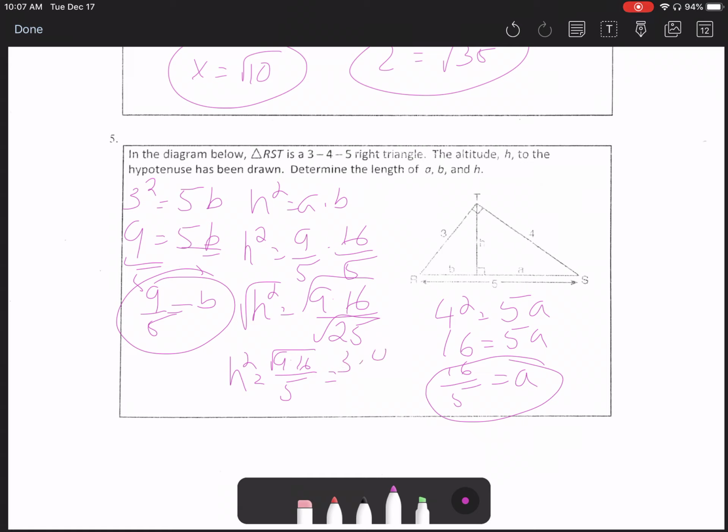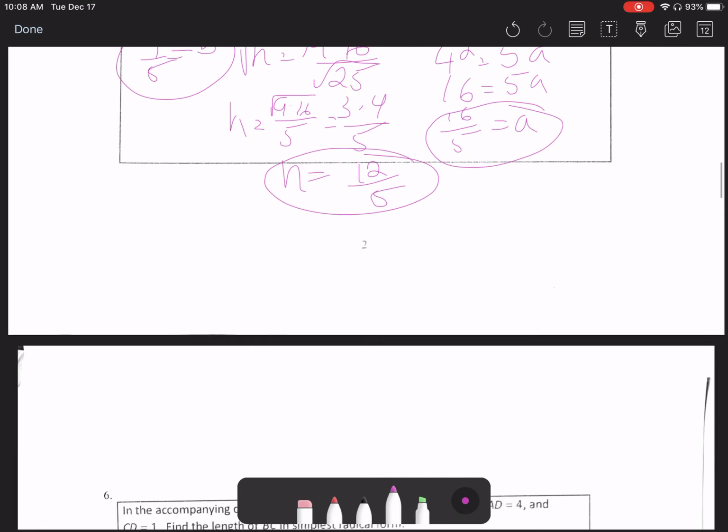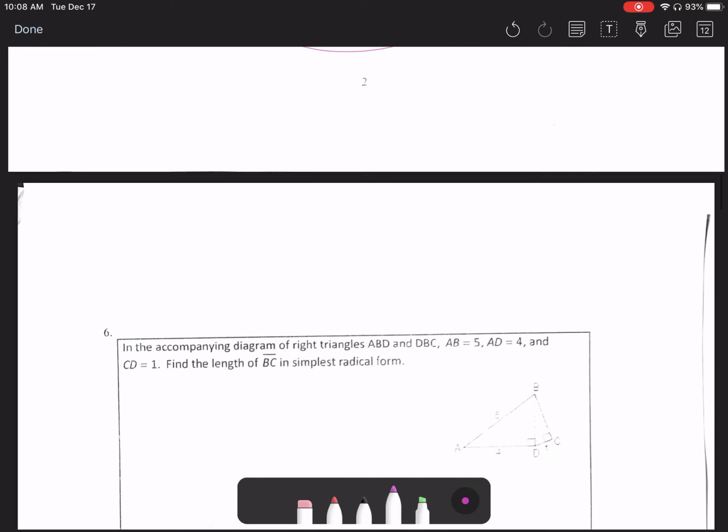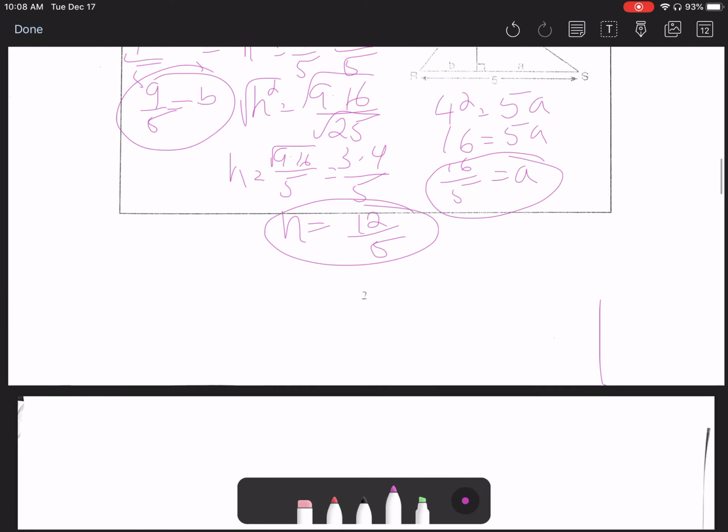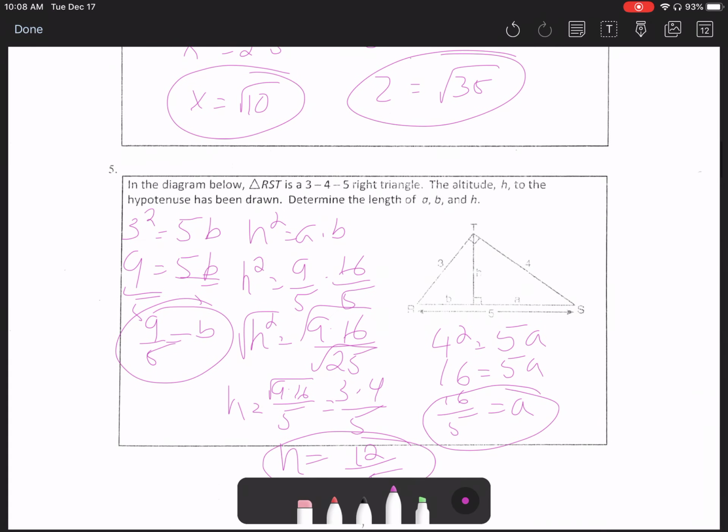The square root of 16 is 4 over 5. And so my final answer for h, actually this should not be an h squared. This should just be an h because we took the square root. So I have h is equal to, all sorts of mistakes, h is equal to 12 over 5. Okay, and that's it for standard A.